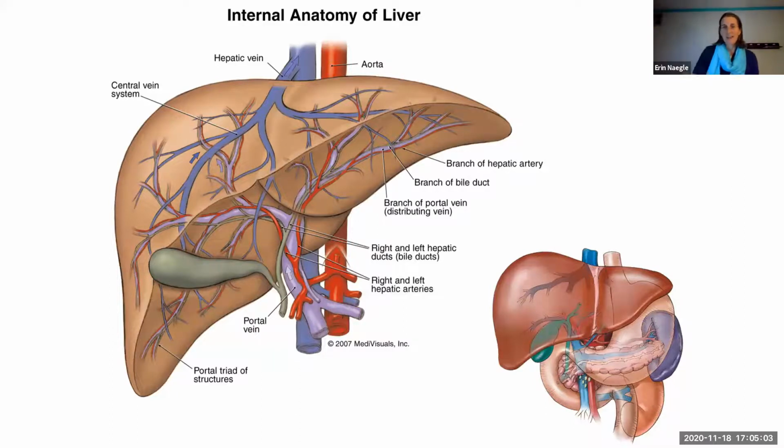And when it does that, it's going to release that bile into the small intestines. Same time, your pancreas is going to release lipase, the enzymes that are breaking triglycerides into monoglycerides and fatty acids, into the small intestines as well.